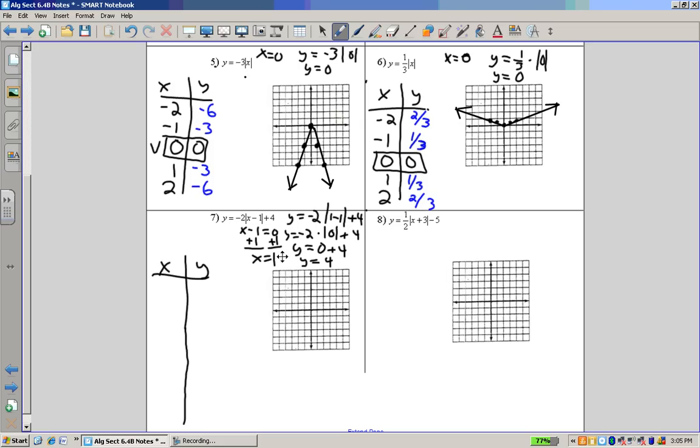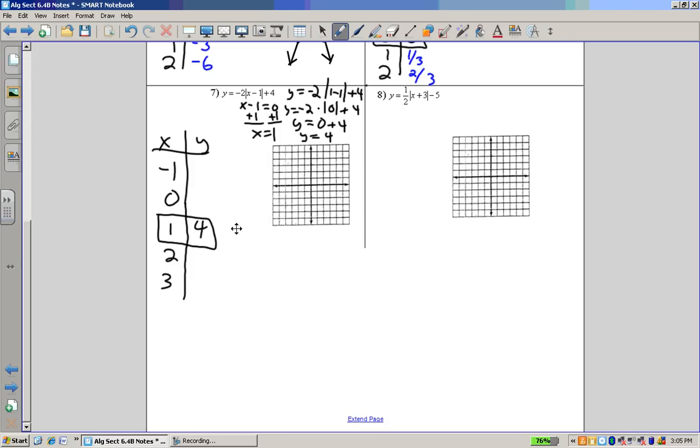So my vertex is 1, 4. I'm going to go up 1, up 2, down 1, down 2 from that point. So let's see what we can do here. y equals negative 2 times the absolute value of x minus 1, and then plus 4.